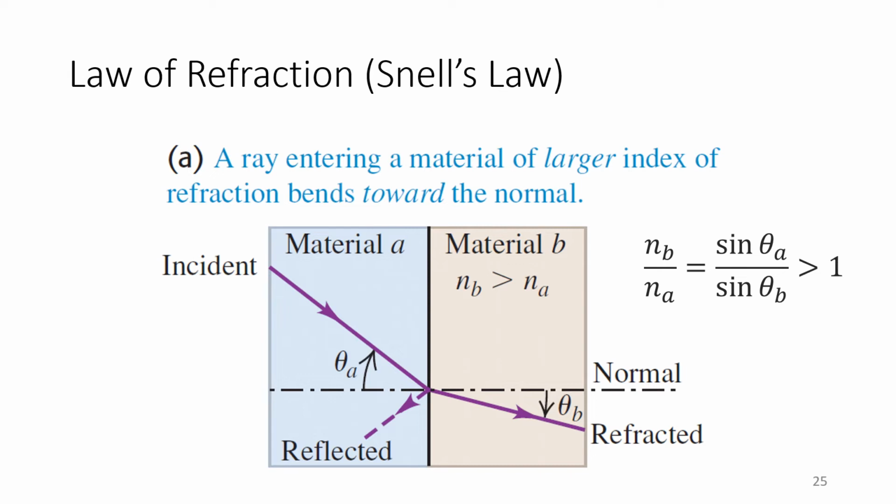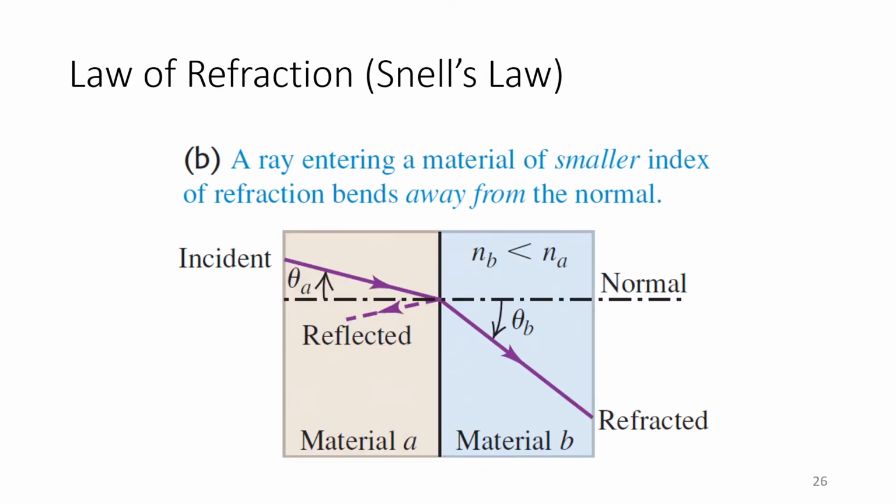The relevant domain of angles for our setup is 0 to 90 degrees, because beyond 90 degrees it is already extending to the other side. In this domain, the greater the angle, the greater the sine. This means that theta sub A has to be greater than theta sub B, or that the refracted ray will be closer to the normal than the incident ray. To reiterate, this only happens if the ray enters a material of larger refractive index.